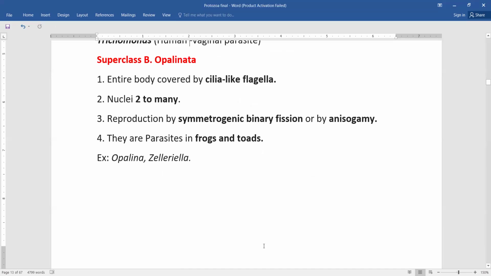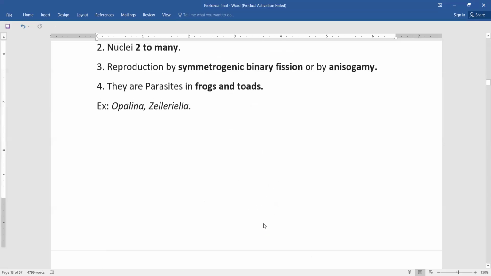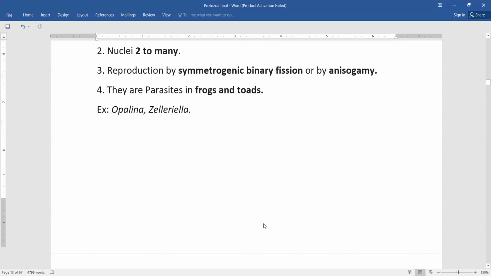Here also the entire body is covered with cilia. Example is Opalina. And many nuclei are present in the body. Examples, Opalina and Zelleriella. And a special kind of asexual reproduction occurs.